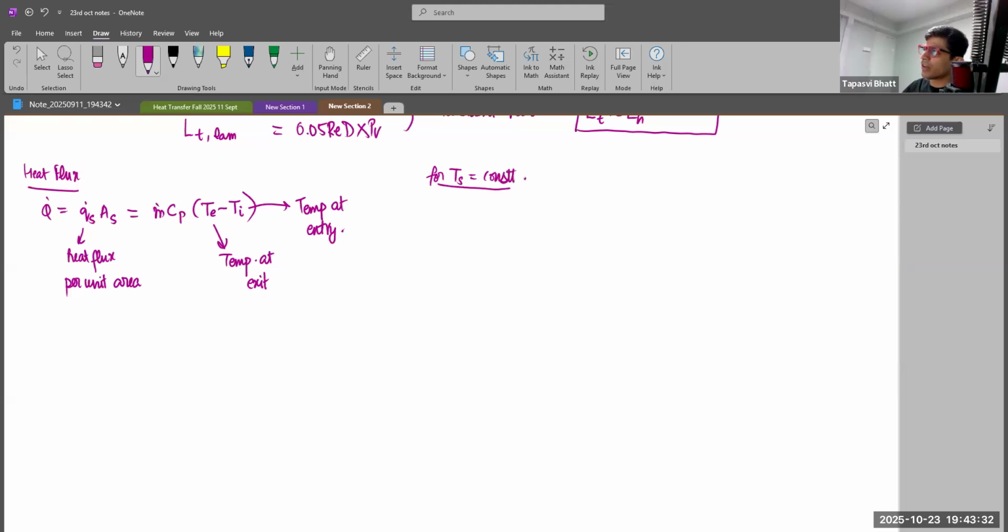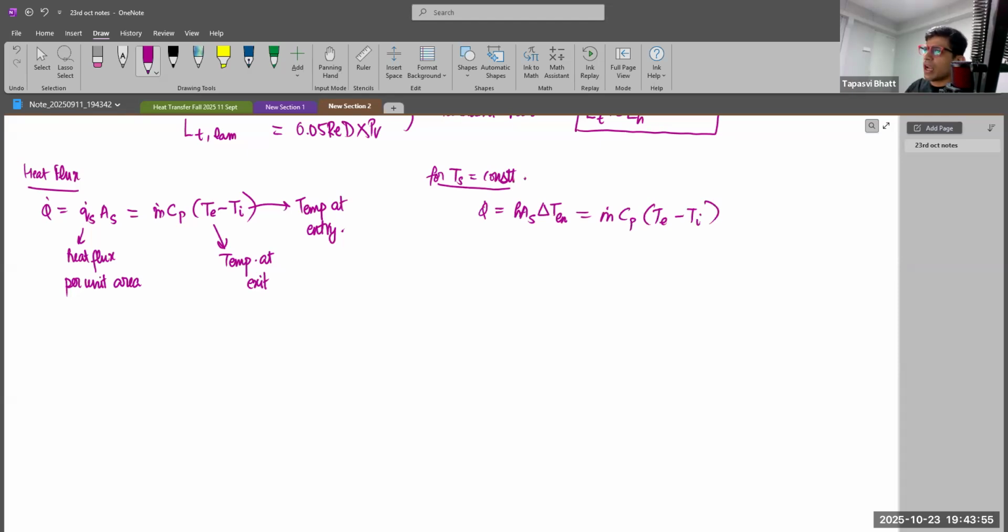So for this case, we will have Q dot is h A_s delta T ln. This is the log mean temperature difference, LMTD, which equals m dot Cp (Te minus Ti).